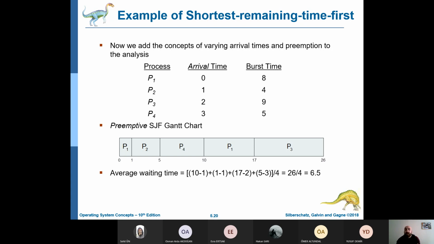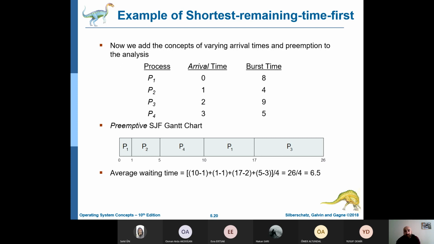If the processes arrive at the ready queue at the times shown in this order and need the indicated burst times, then the resulting preemptive shortest job first schedule will be like that in the Gantt chart. At time 0, we have process 1.